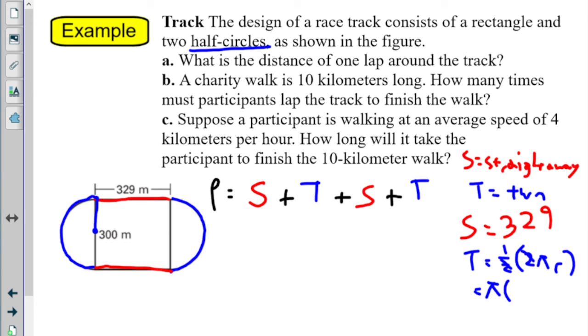That's my radius. So if the whole thing across is 300, then the radius halfway across is 150. So don't forget, if you have that diameter all the way across, you need to cut it in half to get our radius, which is 150. So we have pi times 150, that's 150 pi.